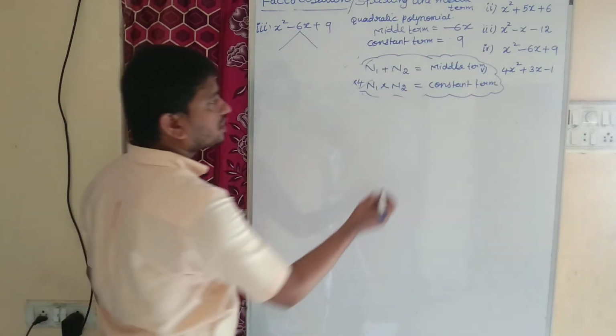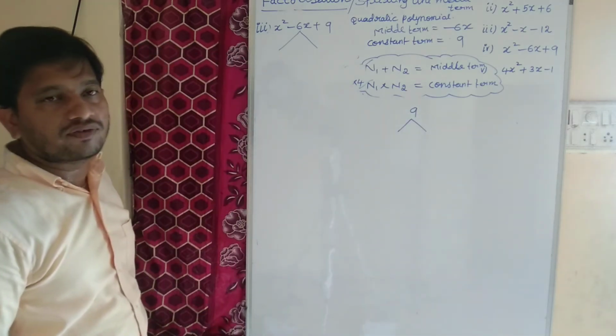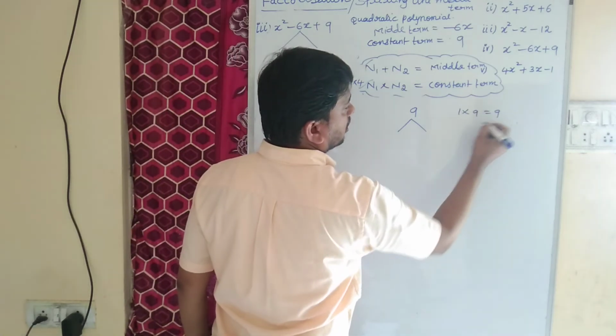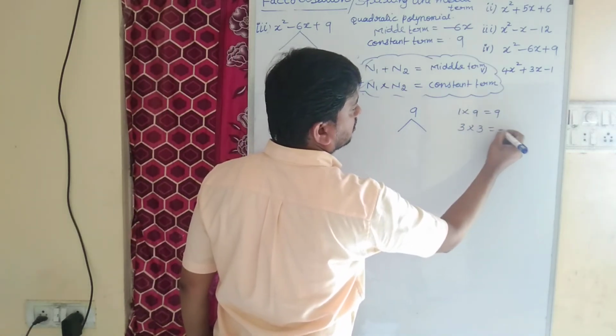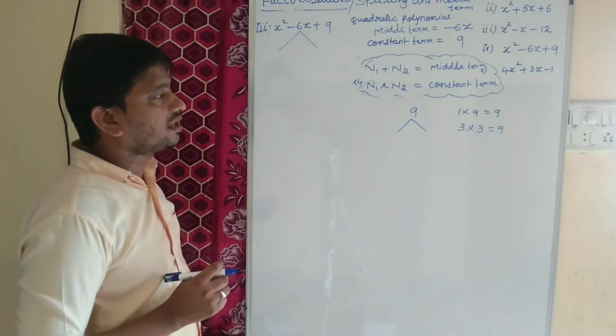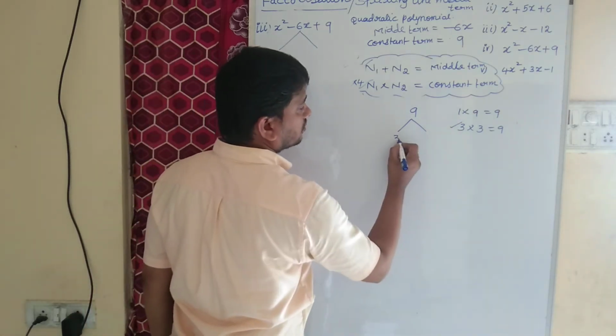Let us take the constant term 9. What are the factors of 9? 1 nines are 9, 3 threes are 9, right? So here which possibility do we have? 1 nines are 9, 3 threes are 9. So let us take 3 threes are 9.